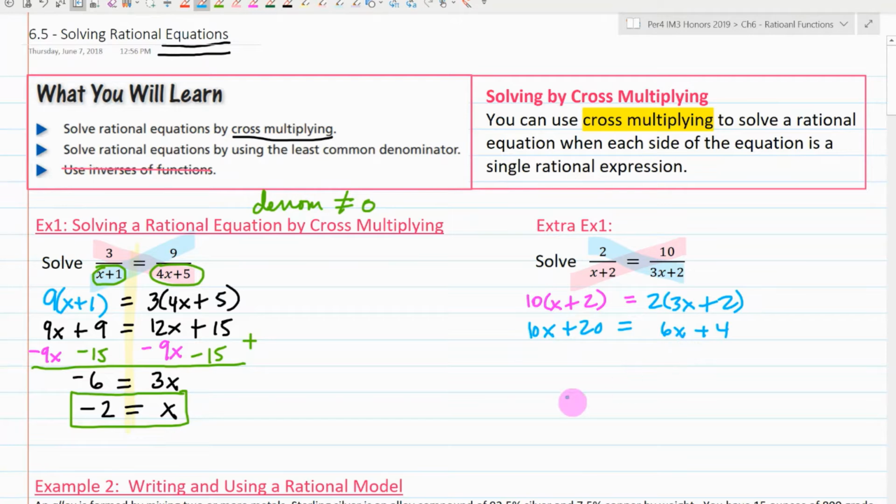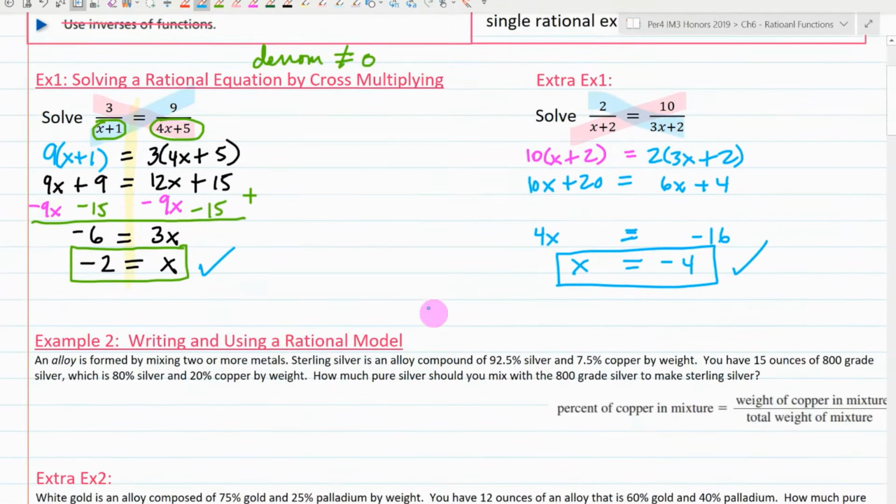I'm going to subtract the 6x over. That gives me 4x. I'm going to subtract the 20 over here. So that gives me negative 16, and then divide by 4. x equals negative 4. It doesn't make that 0. Negative 4 doesn't make that denominator 0, so this is good to go.